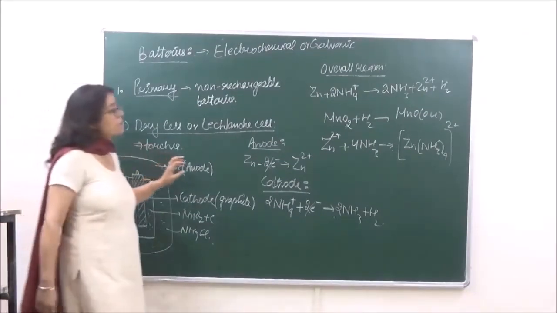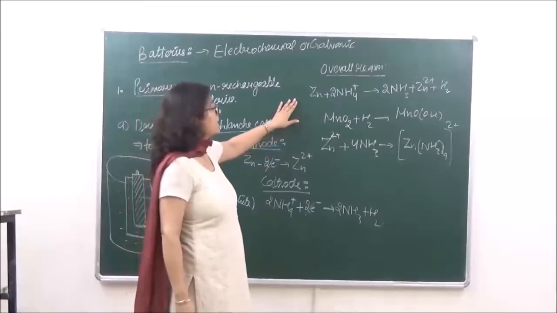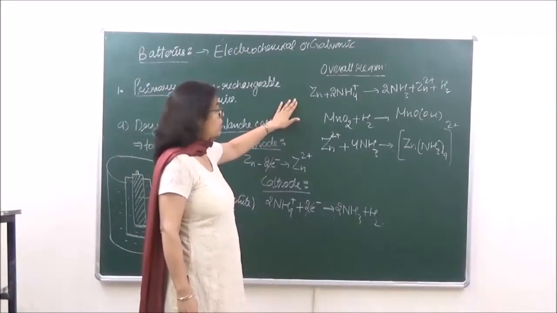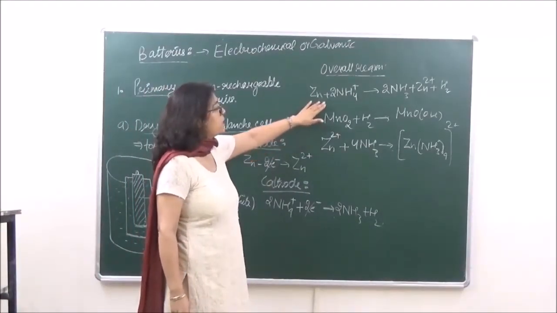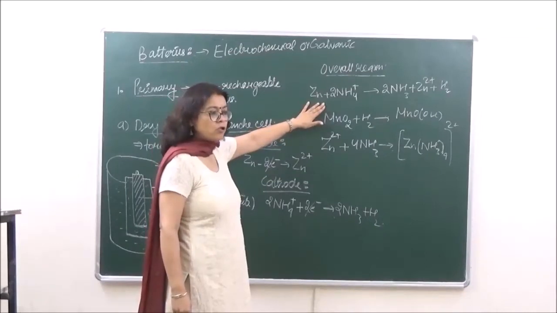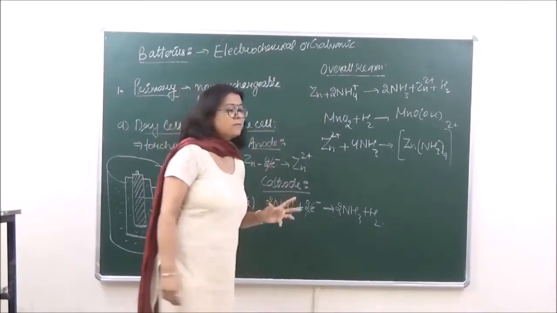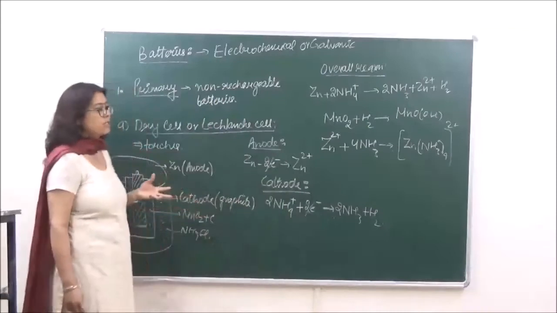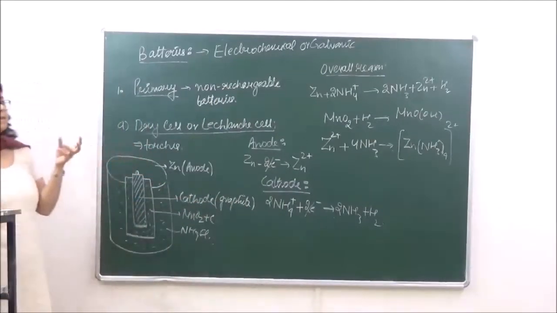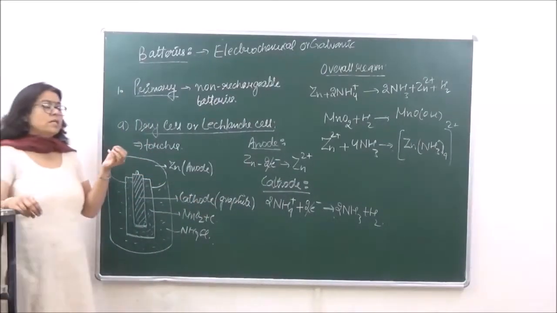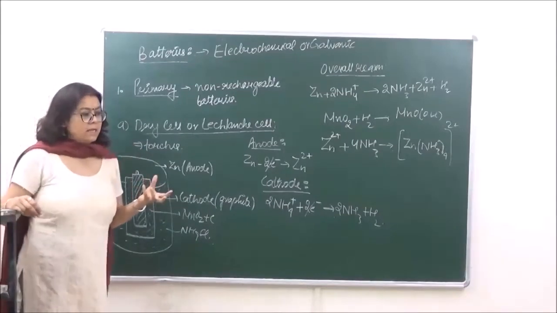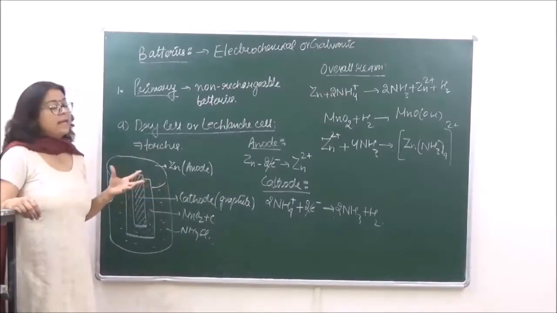In other words, zinc is getting consumed, and NH4+ from the electrolyte is also getting consumed. You must have seen when you keep the cells for a long time, a certain brown colored mass starts oozing out from the cell, and that renders the cell dead.